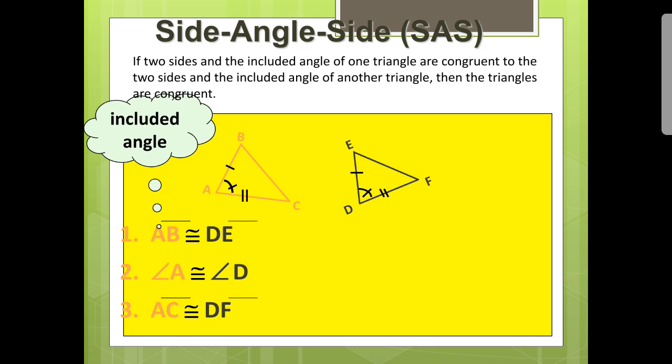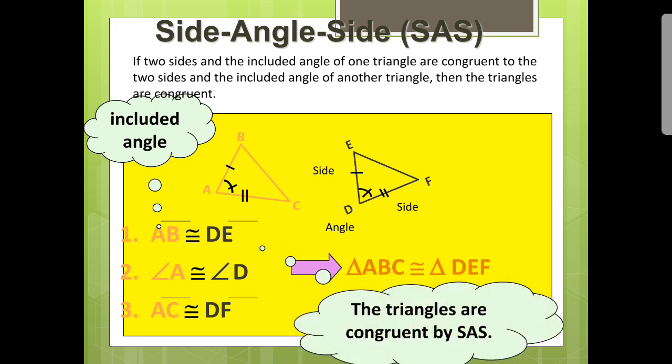So the last congruent part, side AC is congruent to side DF. Side, angle, side, because there is an included angle in between two sides. So therefore, triangle ABC is congruent to triangle DEF, and the triangles are congruent by SAS or side, angle, side.